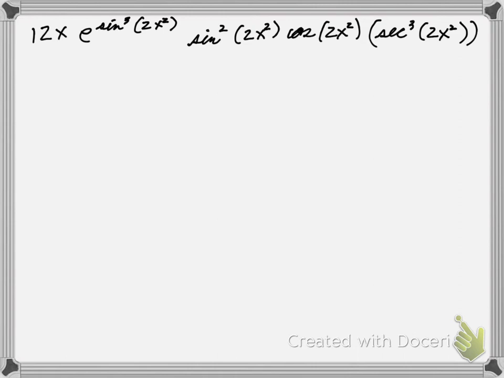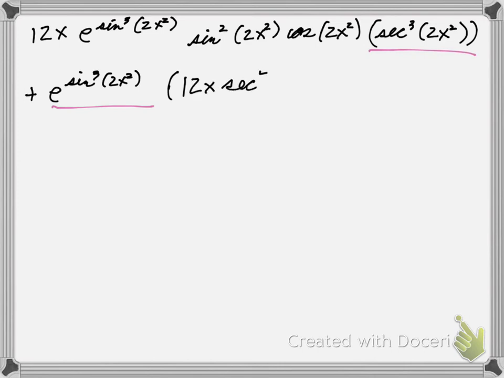That was the part of the original function that we didn't take the derivative of for that part. Then we have to add to this e to the sine cubed 2x squared as is, and then we're going to multiply this by what we found to be the derivative of secant cubed of 2x squared, which turned out to be 12x secant to the 4th of 2x squared sine of 2x squared. Okay. And so this is actually our derivative of f.